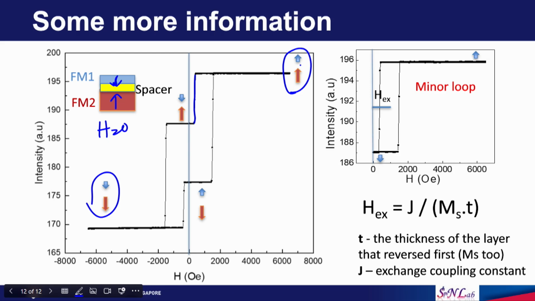Then when you go from this side to the other side, this is retained in the same direction, but the blue layer flips. Then when you go further, both layers flip in the same direction. Typical SAF samples will have some behavior like this: at least one magnetization will reverse before the 0 field.